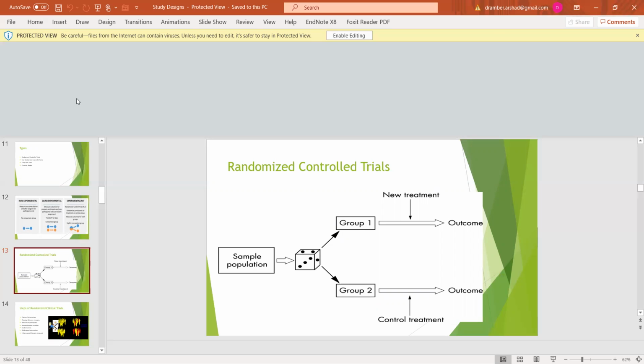And in the first group, new treatment or intervention is done and they are followed up for the outcome. And in the control treatment, they could be the usual treatment which is already existing, or even placebo drugs can be given, and they are then followed up for the outcome, and the results of both the outcomes are compared.